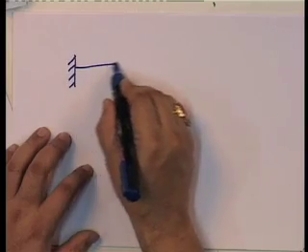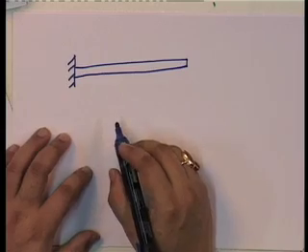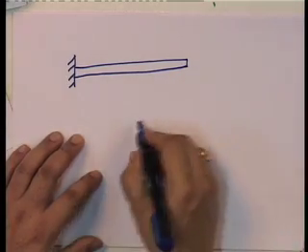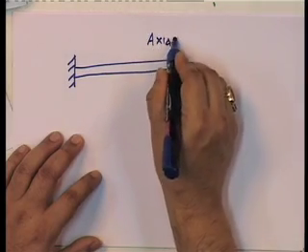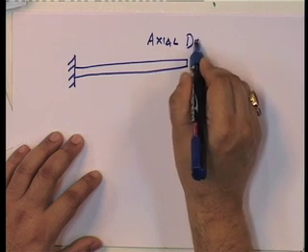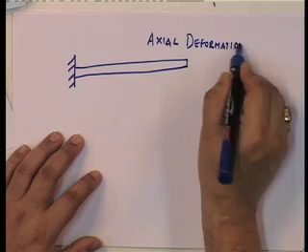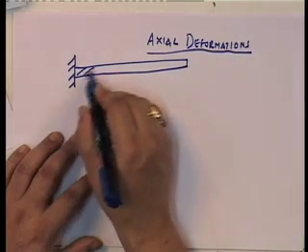let us look at a situation, and that is a bar. A bar which I will first look at what are known as axial deformations.